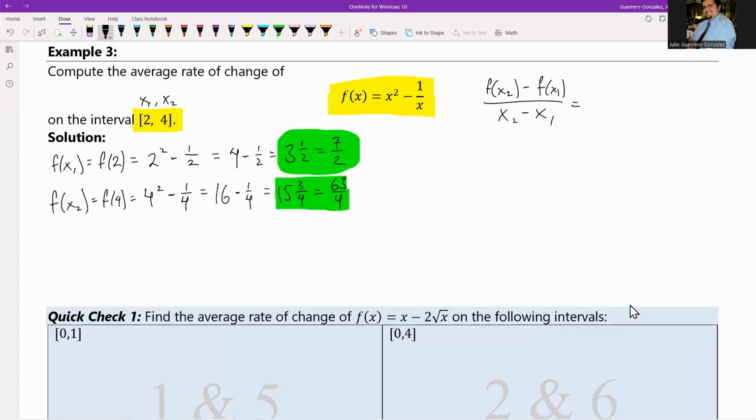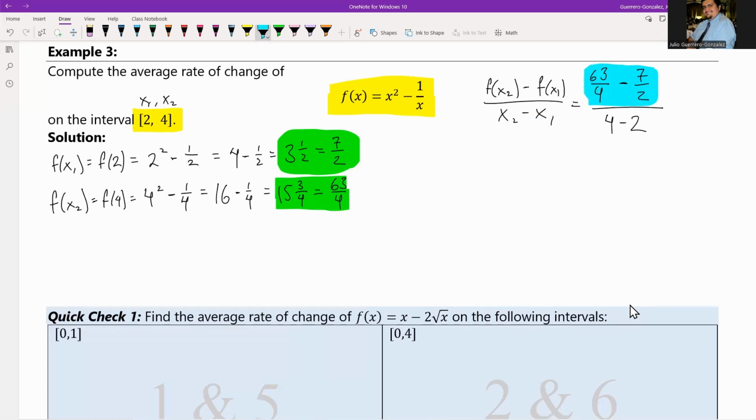So according to the values that I have here, write it out as a fraction: 63 over 4 minus 7 over 2 all over 4 minus 2. Let me make that a nicer 3. Okay, so now, this is what's probably scaring people right now.